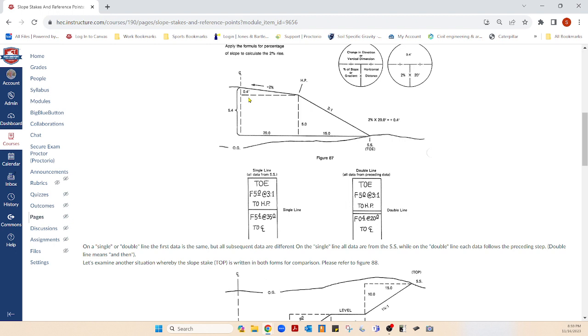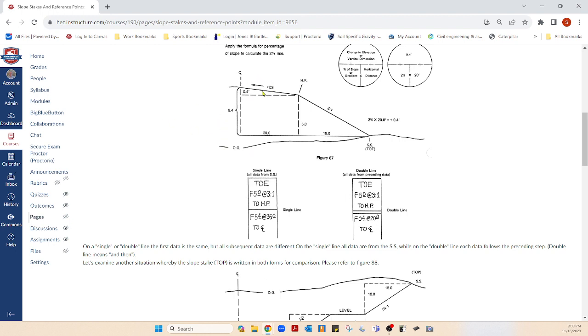Multiply it times, that's a plus 2%. 0.4 multiplied. No, that's not what I want.